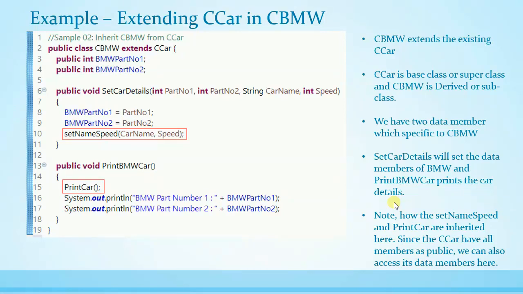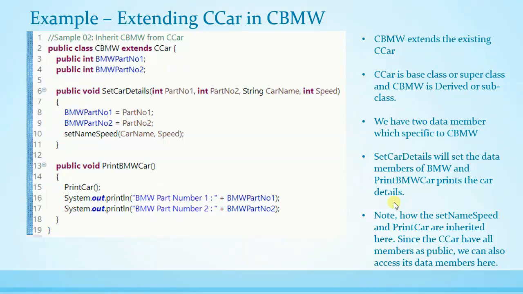Here, when we are defining our printBMWCar function, we are making use of the already inherited printCar. Since the member is already available as a CBMW car's member, we are making a call to that function member.